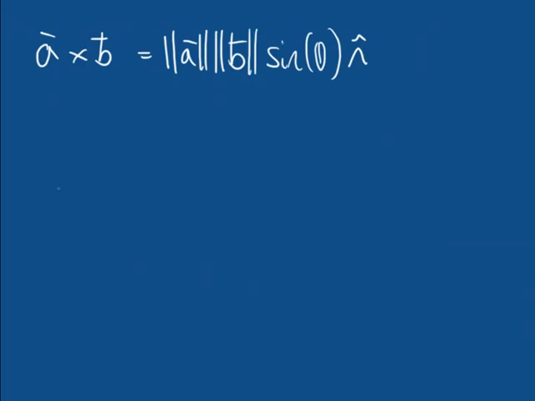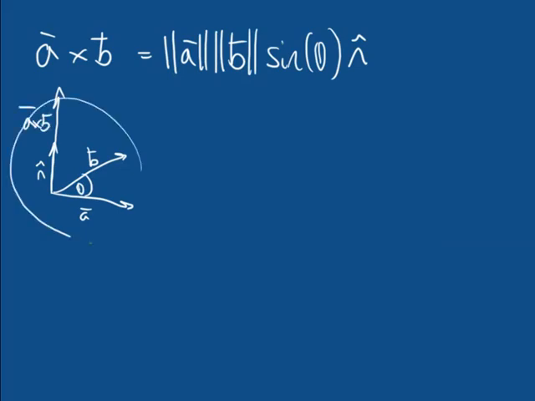And we had a diagram that looked something like this. We had our vector A, our vector B, we had the angle between them, then we had that mutually perpendicular vector n, and then we said that A cross B was some scaled version of that vector.